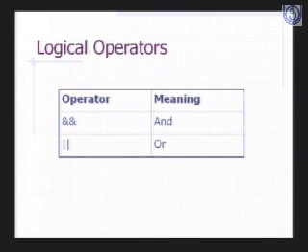To check that the first condition is true as well as the second condition, we use the AND symbol. Likewise, if A is equal to B or C is equal to D, then a set of statements is to be executed, and there we place the OR operator. Suppose not A is to be checked. Likewise, we use the logical operator NOT also.